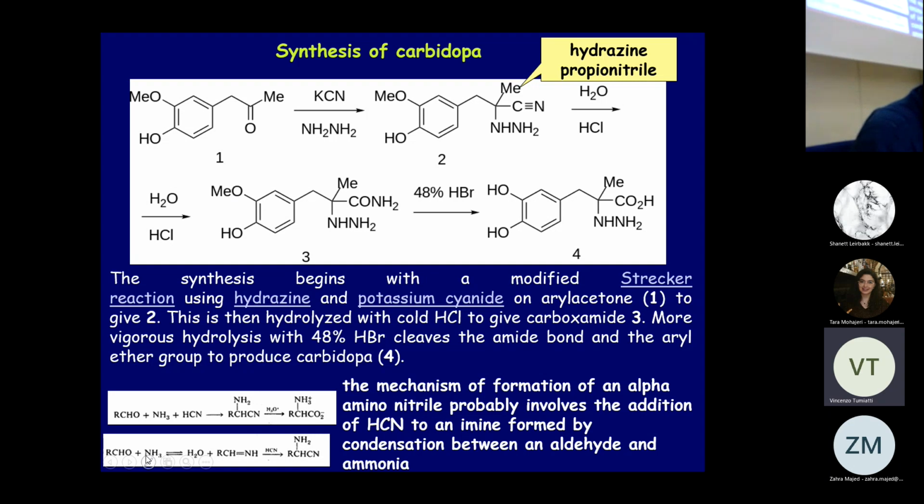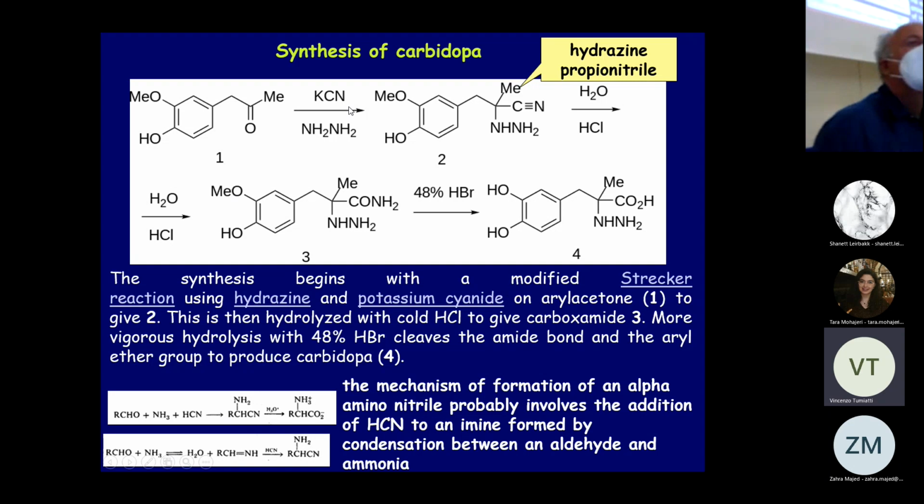You see the aldehyde reacts with the ammonia to give the Schiff base, and then the attack of a cyano group to give this amino nitrile. And here you can see the hydrolysis of the amino nitrile to give an amino acid. The same reaction is applied for carbidopa.